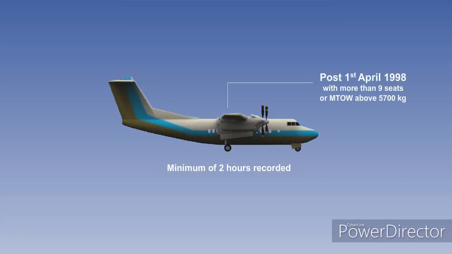Aeroplanes registered on or after that date, being multi-engine turbine powered and having more than 9 seats or a maximum takeoff weight of above 5,700 kilograms, need to record a minimum of the last 2 hours of operation. Aeroplanes of 5,700 kilograms or less and registered on or after the 1st of April 1998 need to record a minimum of 30 minutes of operation.